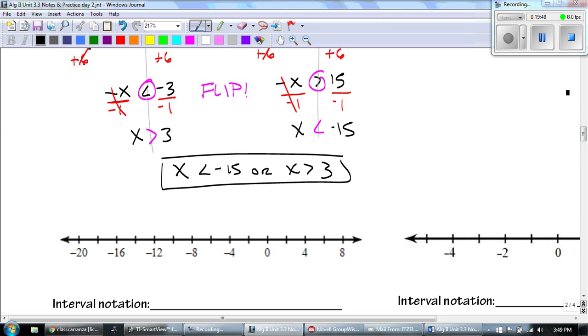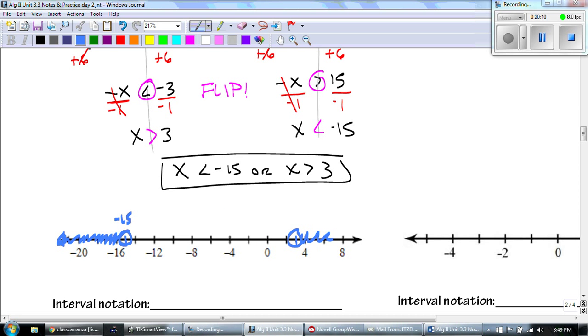And now I can come down here and graph. So let's see. I'm counting by 2's. So negative 12, negative 14, this is where negative 15 is going to be. I'm going to be open, and I'm going to shade to the left. At, let's see, this is 2, so that means this is going to be 3.